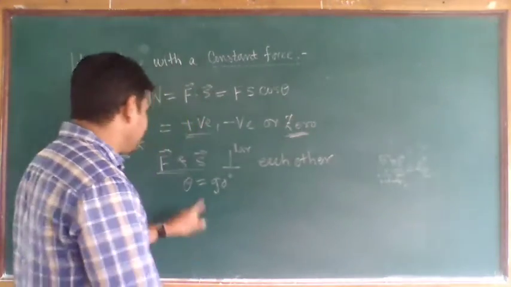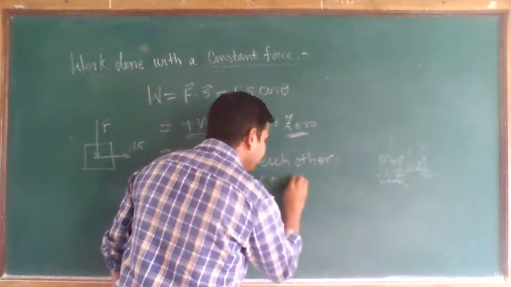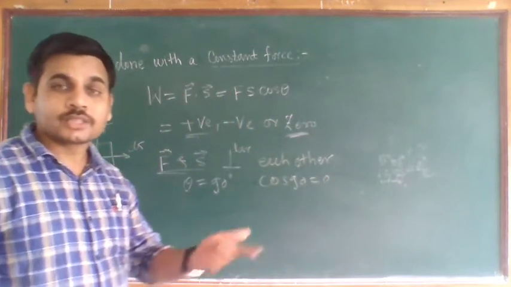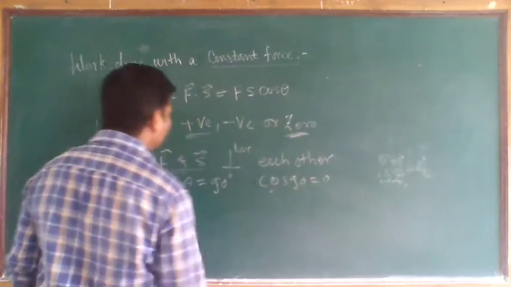In that condition, theta is equal to 90 degrees and cos 90 is equal to 0. Our work done, W, is basically F s cos theta, and for theta equal to 90, cos 90 is equal to 0.